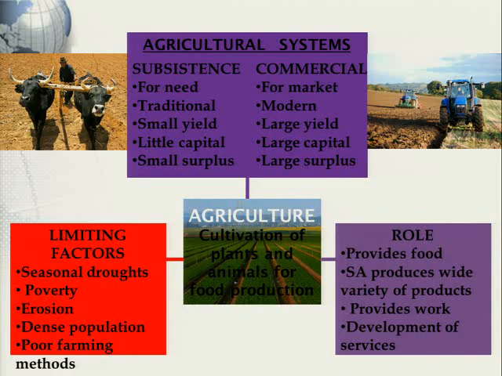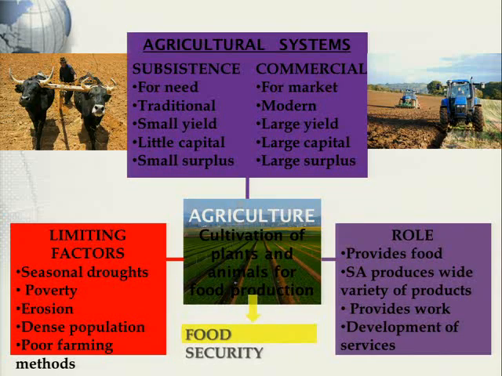There's a dense population in other areas. Poor people sometimes employ poor farming methods. Why do we say we have limiting factors? These are things that make our agricultural production to be low. Then there we have it. Let's move on.